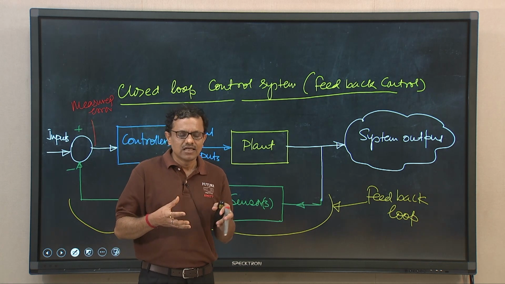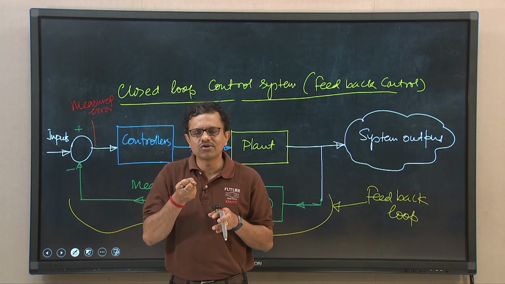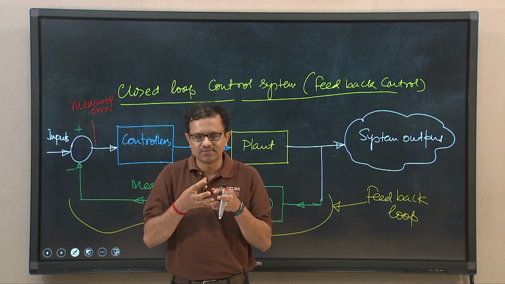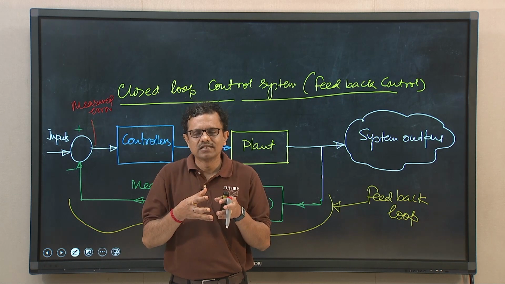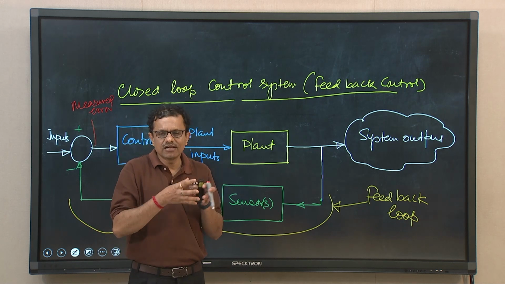Now, if the signal received from the exhaust gas oxygen sensor shows that the oxygen level is very low in the exhaust gases, that means the air fuel mixture was fuel rich.